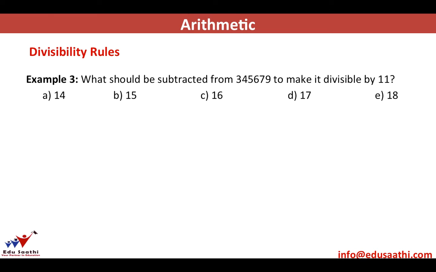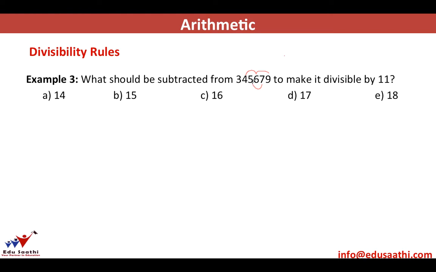Let's look at another question. The question is, what should be subtracted from 3, 4, 5, 6, 7, 9 to make it divisible by 11? Now to answer this question, I should know the divisibility rule of 11. The divisibility rule of 11 is, I have to make two series of alternate digits.